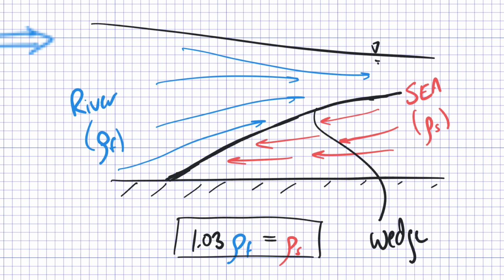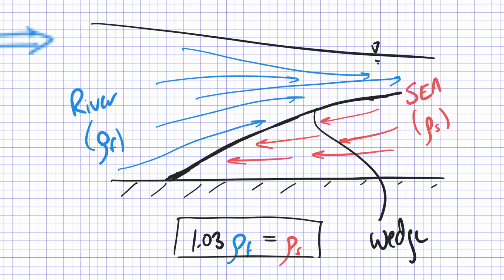So it's more dense, but the river water is still able to flow out over the top. There's a physical reason why this happens, which is what we're going to get into right now.